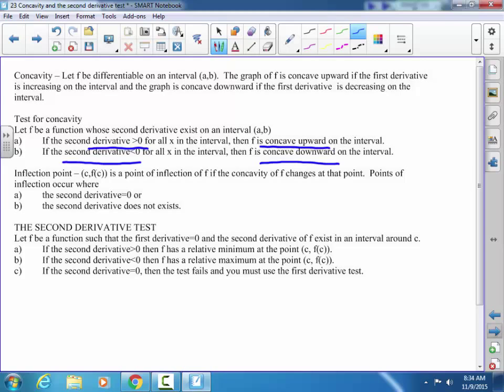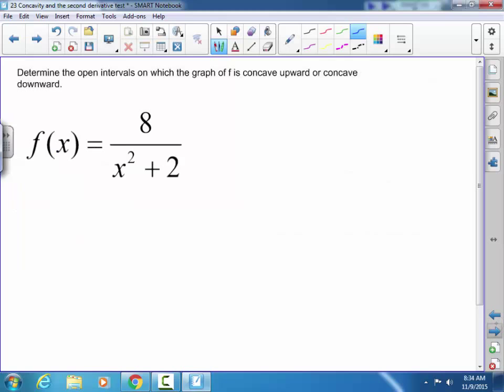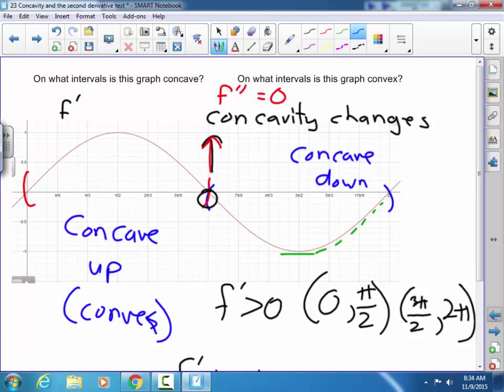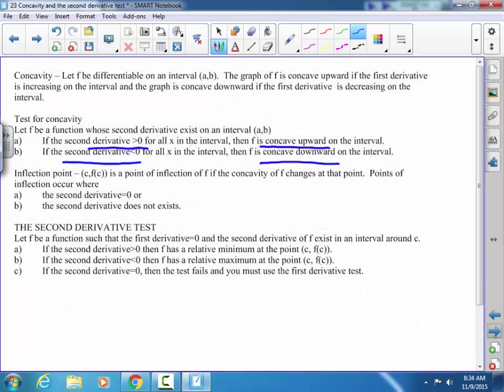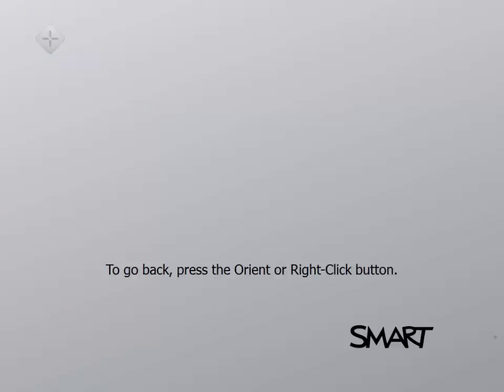Now remember this point pi that I said is where the concavity changes? Pi over here is where the concavity changes. That is called an inflection point. Now please read the definition of inflection point and tell me how it's different than a critical point.